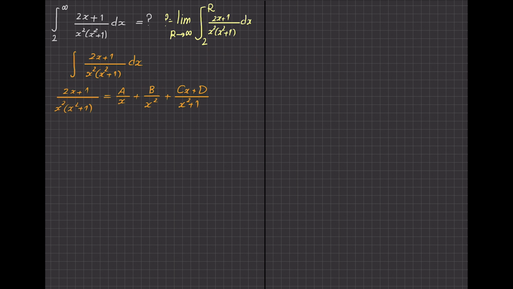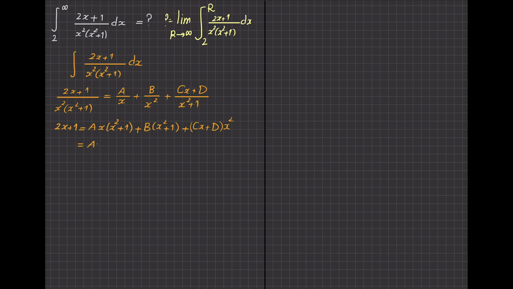So let me just do that. If we do that, the left side becomes 2x plus 1. The right side becomes A, x squared plus 1. The middle one becomes B times x squared plus 1. And the last one becomes Cx plus D multiplied by x squared. So I expand the right hand side.